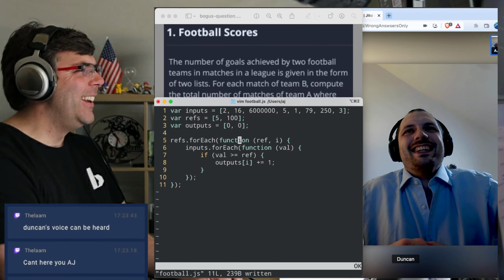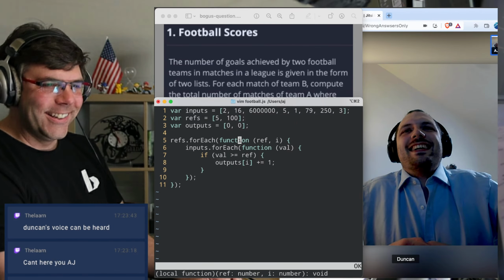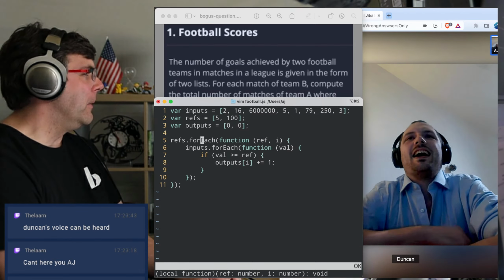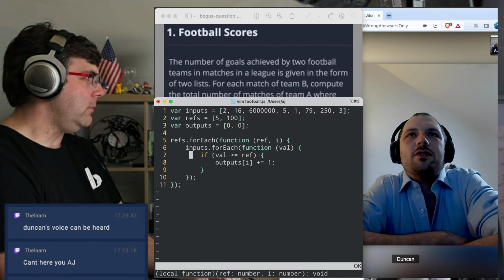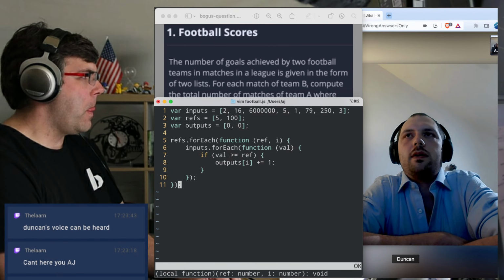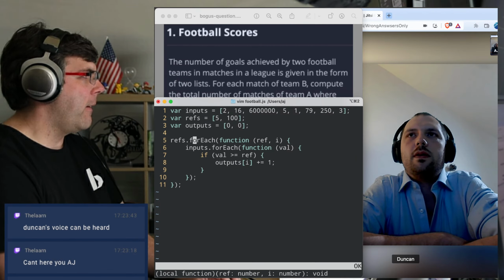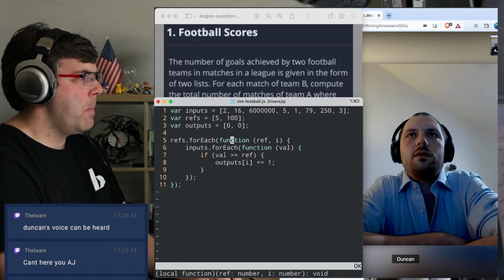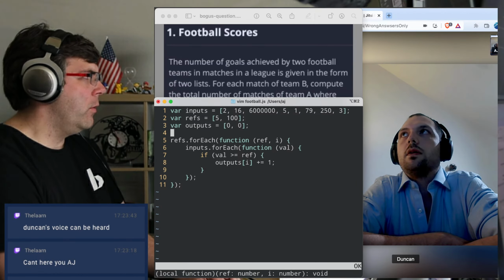A lot of touchdowns. Yeah, so that looks like the immediate solution that I threw in before I properly read the size of the constraint and realized that there was any sort of time consideration.